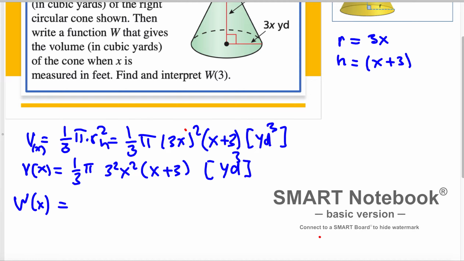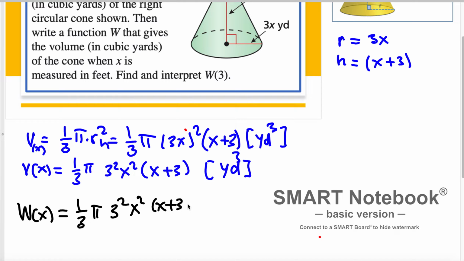Let me write with a different color, maybe it looks better, and let me erase this one here. So w of x is going to be 1/3 pi times r squared, which is 3 squared x squared, times x plus 3. And instead of yards, I'm writing feet.